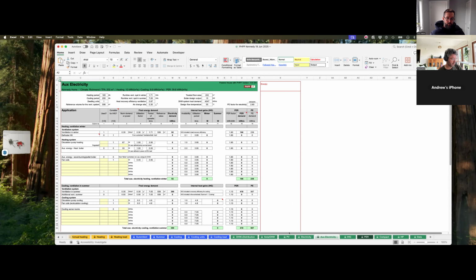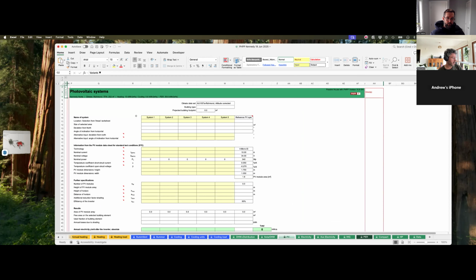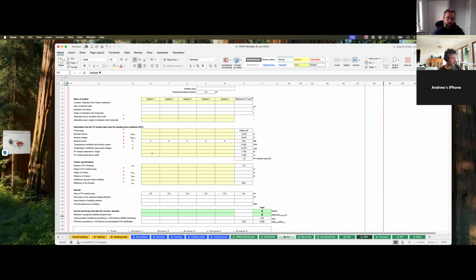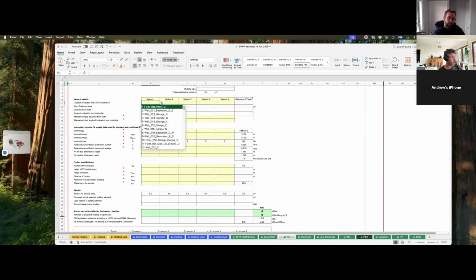And what else? Yeah, solar. We put all that in here when we get it. Each system relates to a different roof if there's more than one. So basically I put in the roof that it's on, and it'll automatically give us our deviation from north, etc. The angle, actually, no, it won't, because we've only got ceilings in there, not roofs, so I'll have to put that in manually.